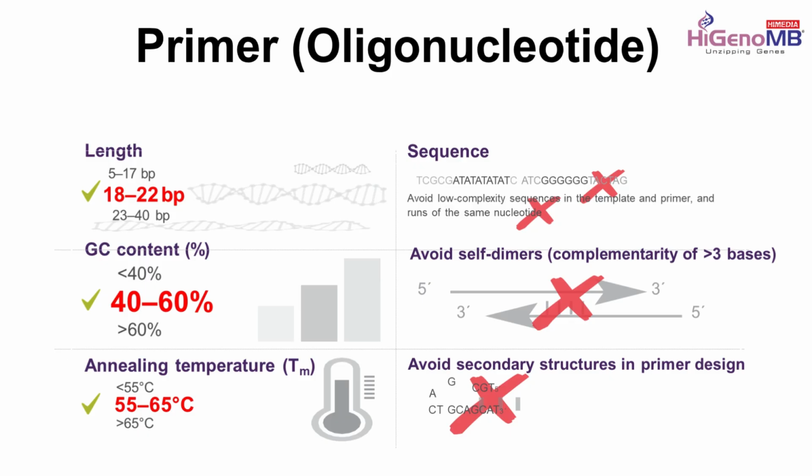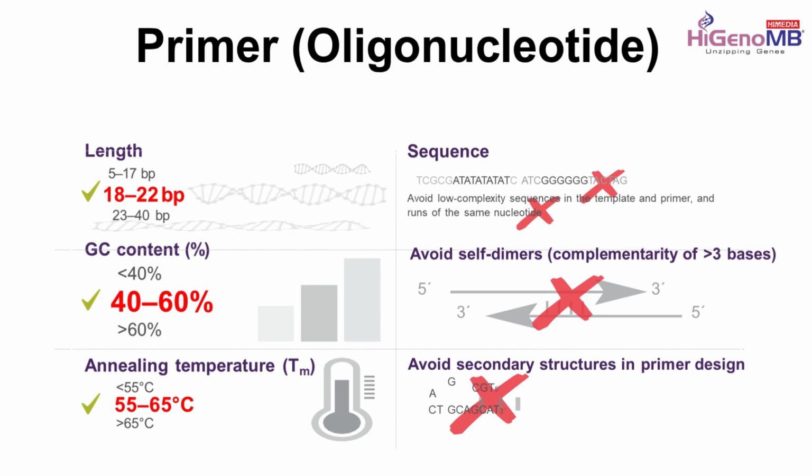Okay, so what is GC content? In this 18 to 22 nucleotide long primer, the number of G and C nucleotides should be 40 to 60%. Say if I have a 20 nucleotide long primer, at least 10 of these nucleotides should be a G or C. Why are we more specific about GC content and not the AT?